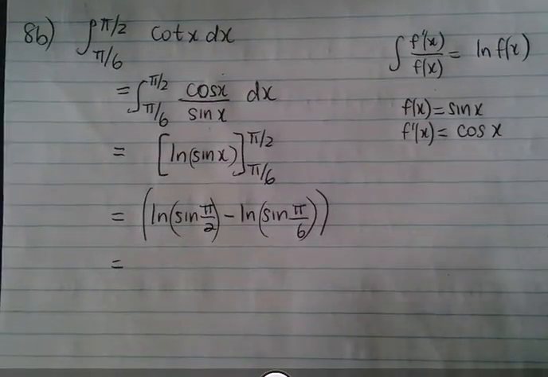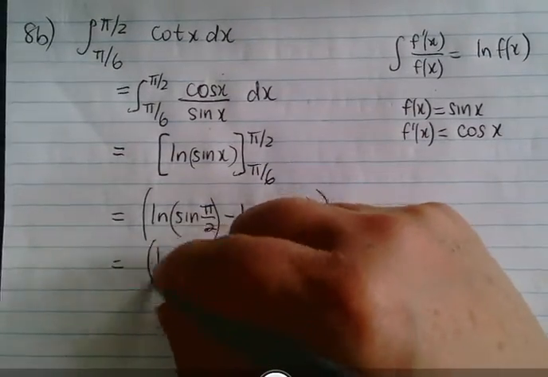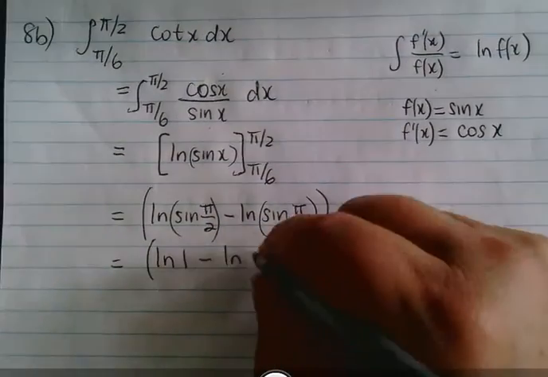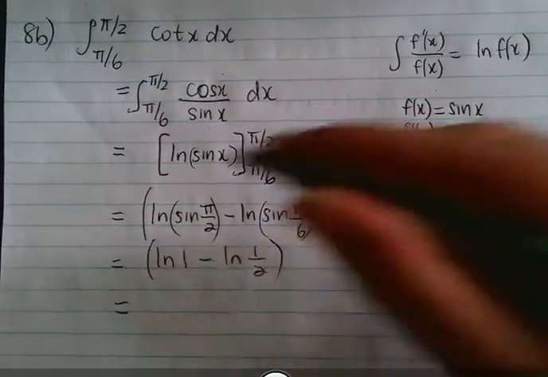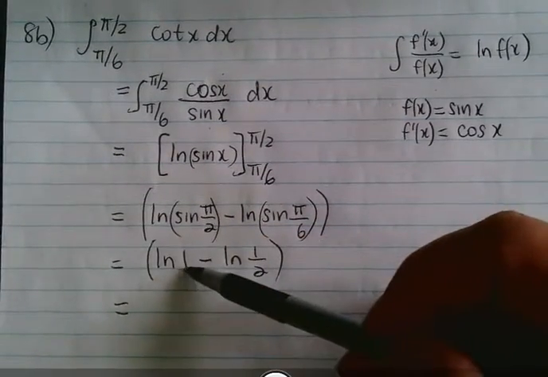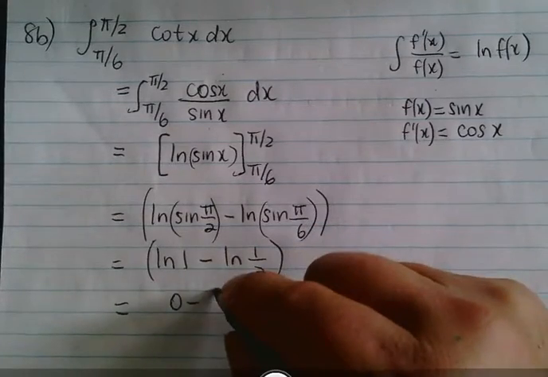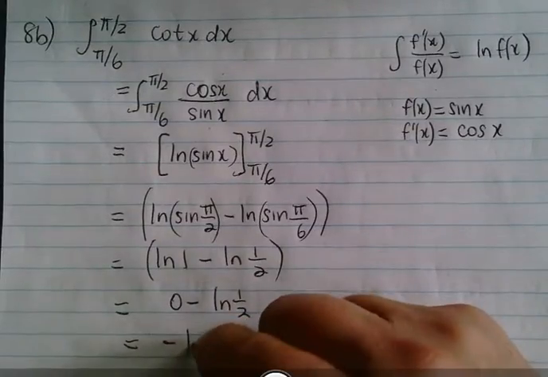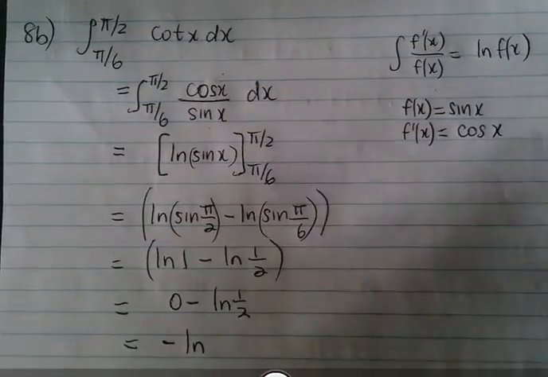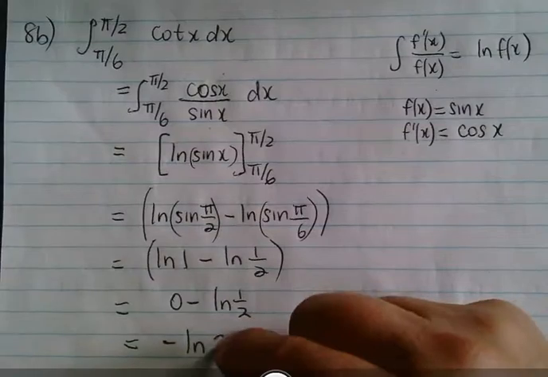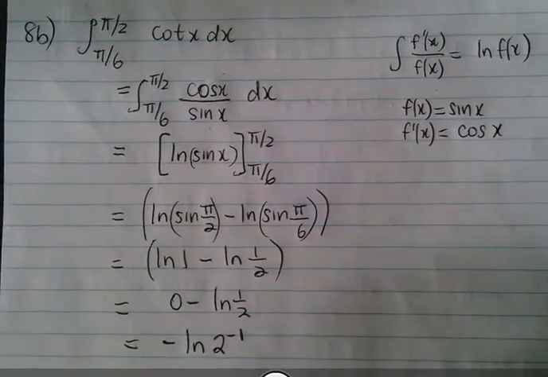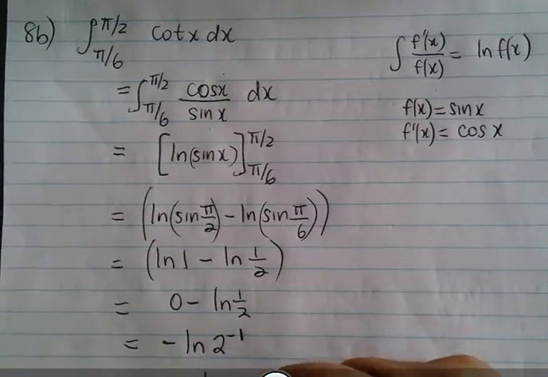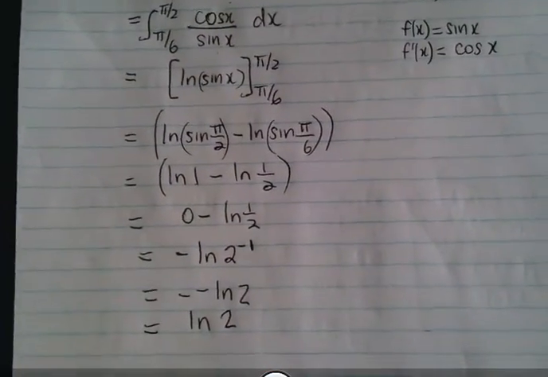Sine of 90 is 1. ln 1 minus ln sine of 30, a half. We know that ln 1 is 0. So that's just 0 minus ln a half. So it's negative ln half. What are we going to do with that? How do you write a half? 2 to the power of negative 1. So what's our answer? It's just ln 2. Okay?